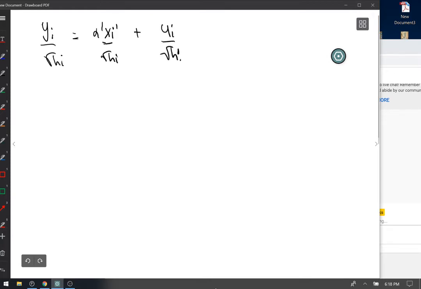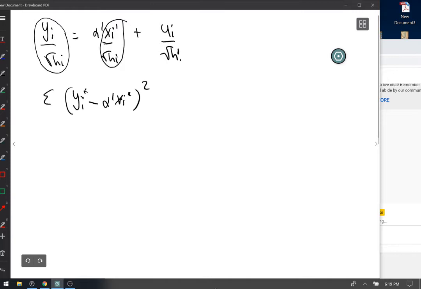Well, when we regress y divided by square root of hi on x divided by square root of hi, now when we go to our weighted least squares, this we call yi star, remember, yi star minus alpha dash xi star squared.